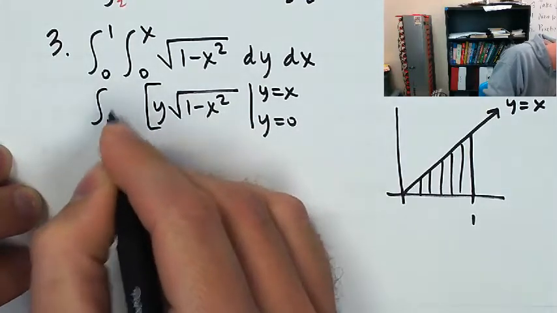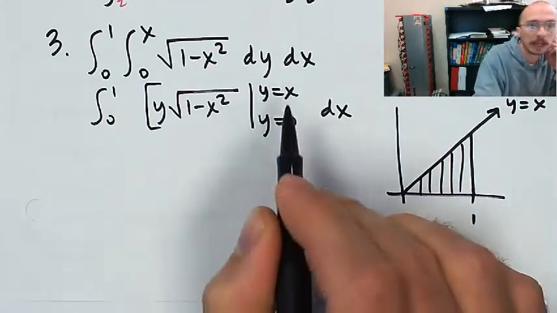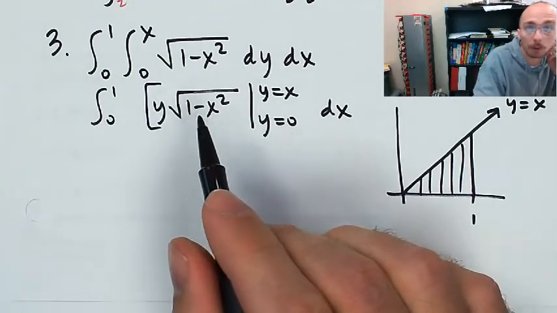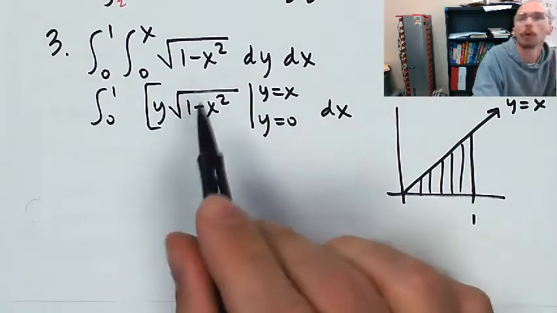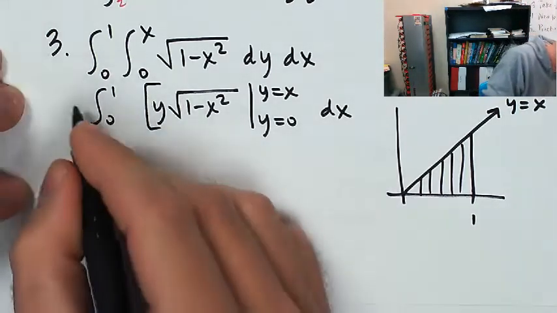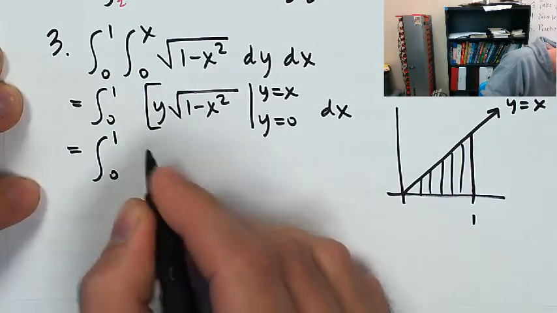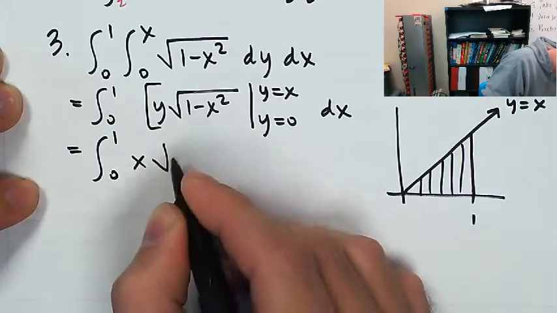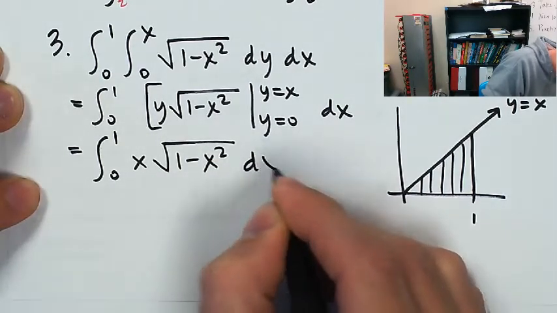And I'm still integrating that from 0 to 1 with respect to x. When I plug in x, I'm going to have x times that square root, and that looks promising because I'll be able to use u du there. And then when y equals 0, the whole thing will go away. So this is just going to become the integral from 0 to 1 of x times the square root of 1 minus x squared dx.